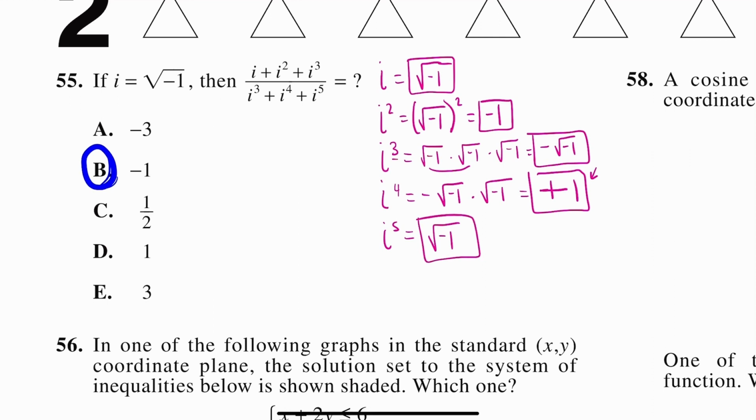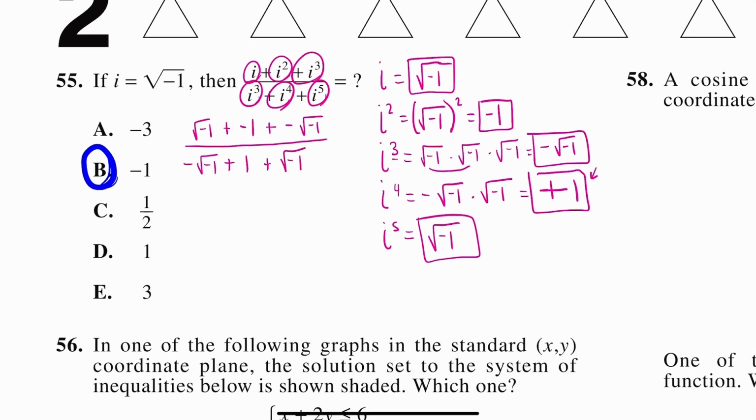So let's plug all these into this equation up here. So I have this i, which I found to be the square root of -1, plus i squared, which we found to be -1, plus i to the cubed, which is negative square root of -1, over i to the 3rd, we said was negative square root of -1, plus i to the 4th, which is positive 1, plus i to the 5th, which is square root of -1.